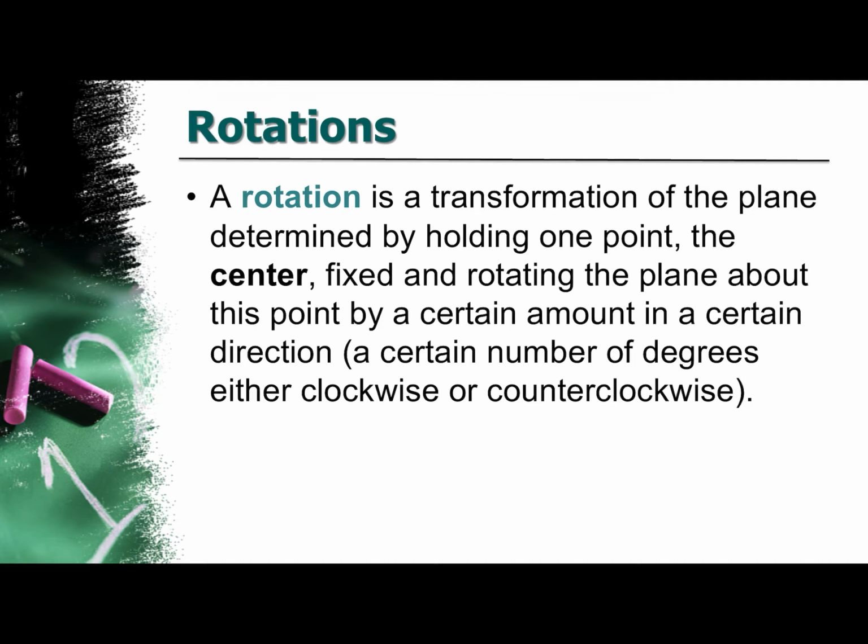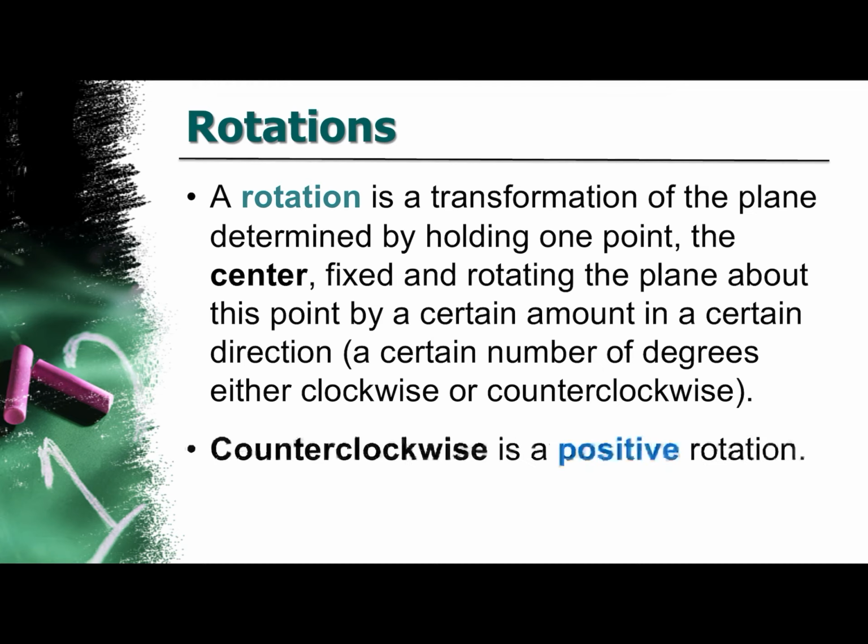Okay, so a rotation is another isometry. A rotation is a transformation where you have a single point on the plane that is your center of rotation. That point stays fixed, and it rotates the figure around it a certain number of degrees.